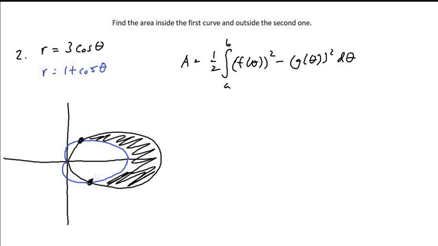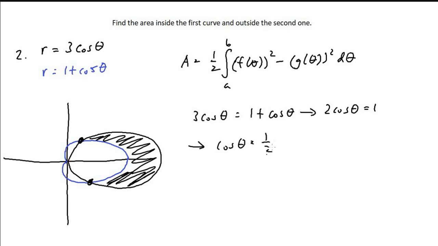In order to find those, similar to the last problem, we can just set them equal to each other. So 3 cosine theta equals 1 plus cosine theta. If we subtract over the cosine theta, I'll get 2 cosine theta equals 1. So cosine of theta equals 1/2. Now at what values does cosine of theta equal 1/2?